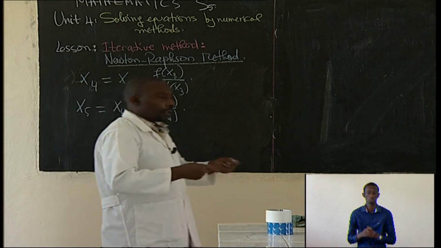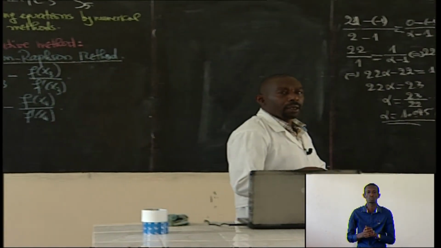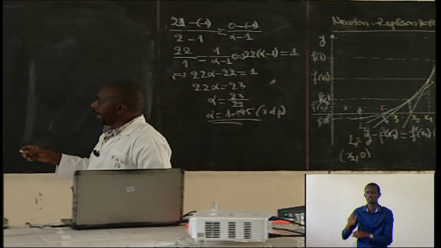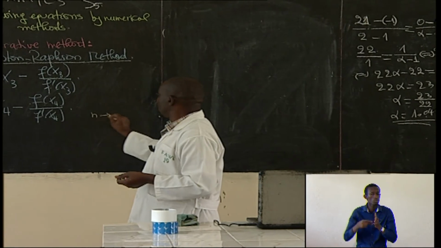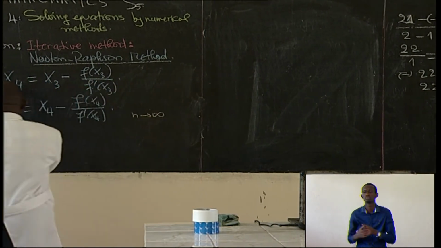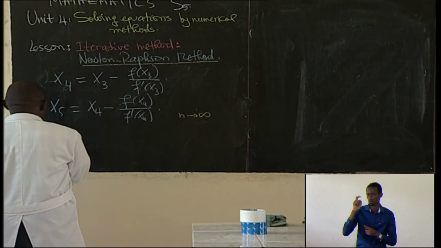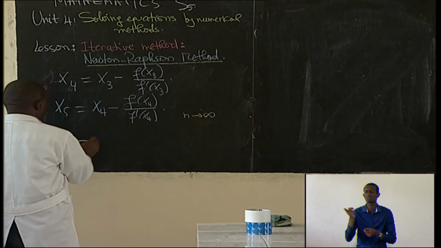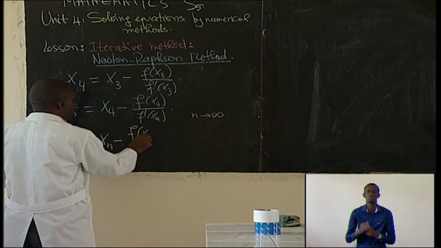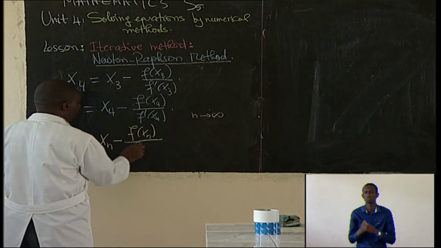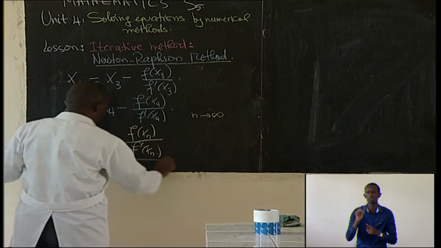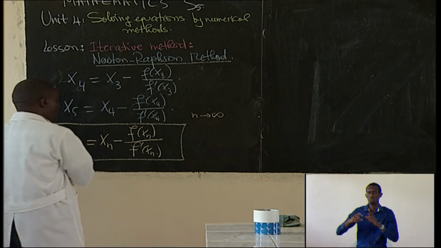It means as we make a big number of tangents, means that n is approaching infinity, okay? I'll be having xn plus 1, which is equal to xn minus f of xn divided by f derivative of xn. And this is known as the Newton-Raphson formula.